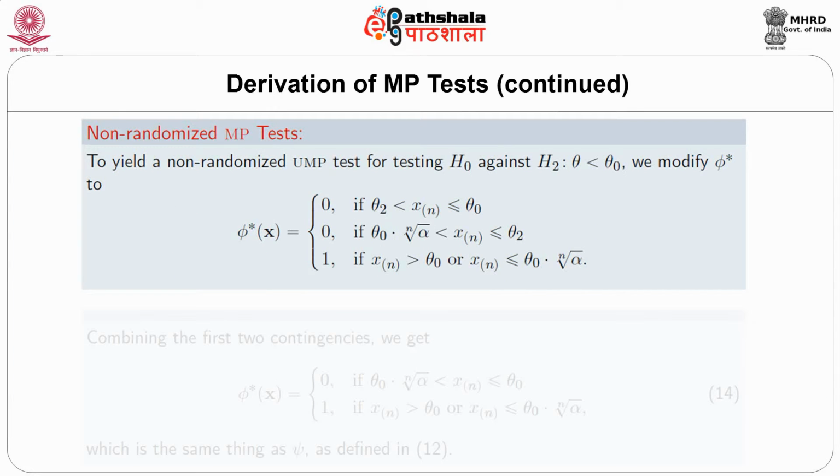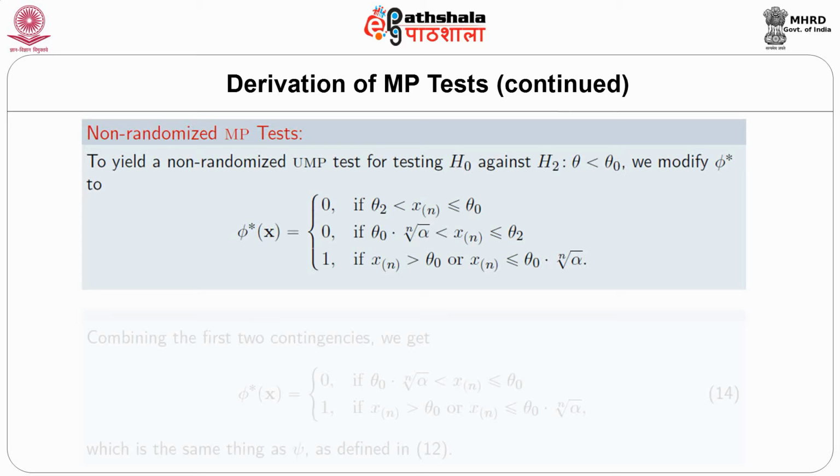So, x order n greater than theta naught and simultaneously x order n less than or equal to theta 2, and the size condition, that is the expected value under theta naught of phi star, must be alpha. So, we consider this phi star x like this: phi star x is 0 if x order n lies between theta 2 and theta naught, and any value in the remaining region.